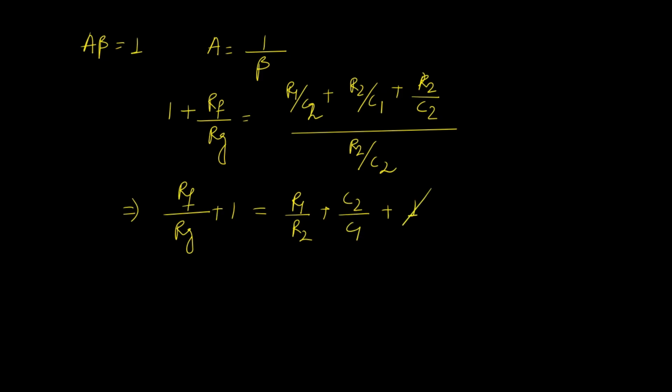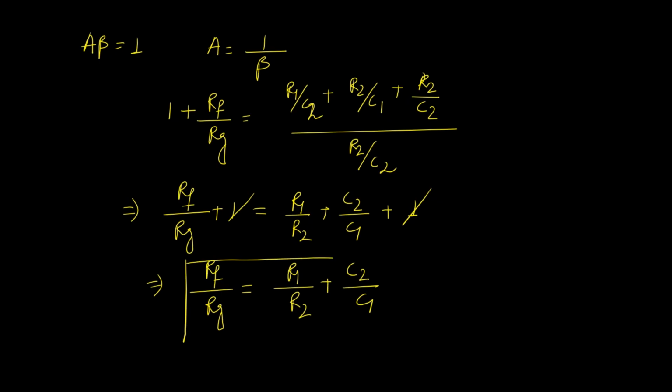Cancelling out the 1, Rf by Rg is equal to R1 by R2 plus C2 by C1. So this is the condition for sustained oscillation in Wien Bridge oscillator.